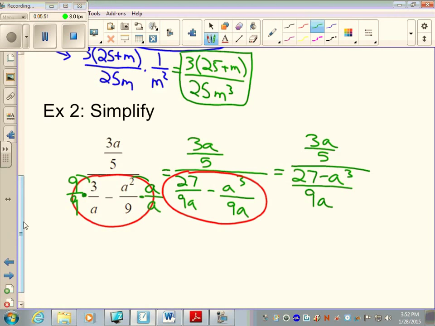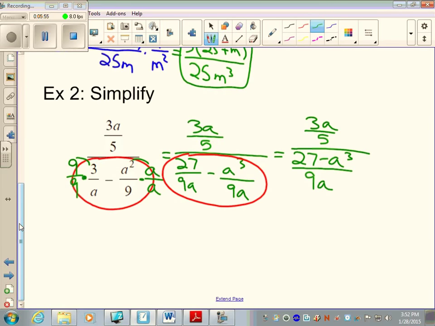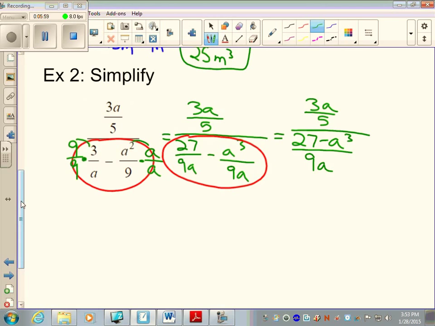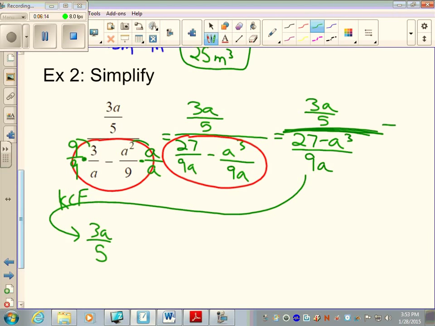That's now where we change to keep, change, flip. So we keep the 3a over 5. This is the KCF. Keep it, 3a over 5. This is also a division here. That's the division, so you change it to a multiplication and flip the second fraction.